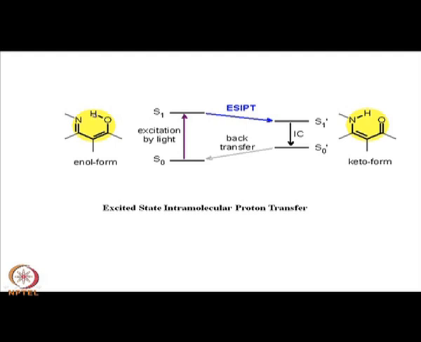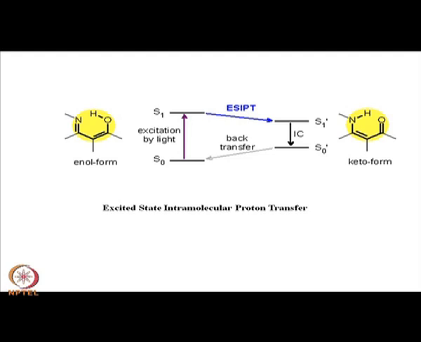So it has the probability of being attached not only to the oxygen, but also to the nitrogen. Depending on the electron distribution on the nitrogen and on the oxygen, it may strongly bind with oxygen or with nitrogen. Ultimately, it leads to either the enol form or the keto form.